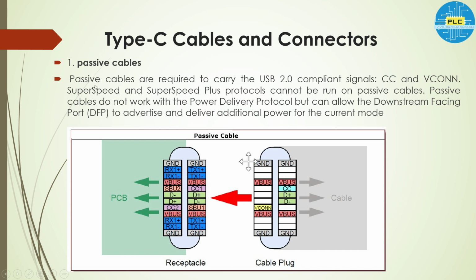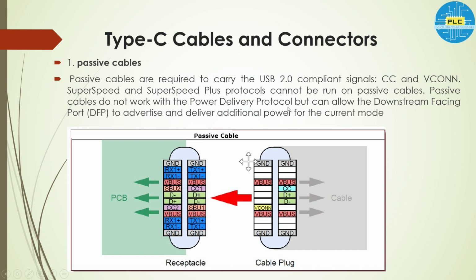Now the passive cables are required to carry the USB 2 compliant signals. These are standards CC and VCON. I already explained what CC and VCON are. Super speed and super speed plus protocols cannot be run on passive cables. So note down these protocols: the normal type C cable won't carry super speed and super speed plus. Passive cables do not work with the power delivery protocol.